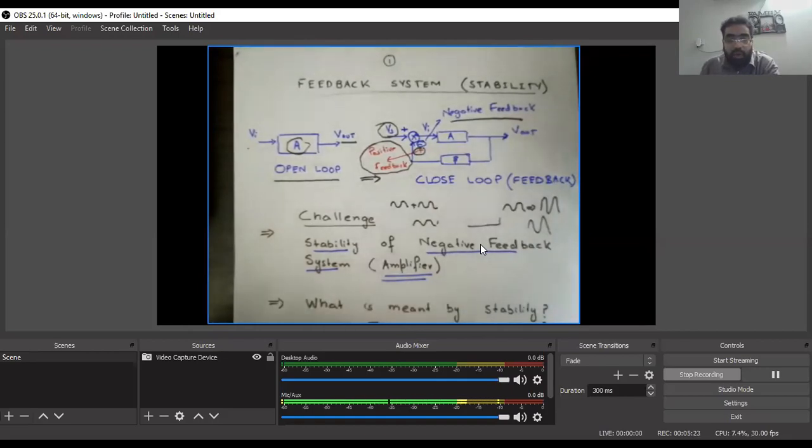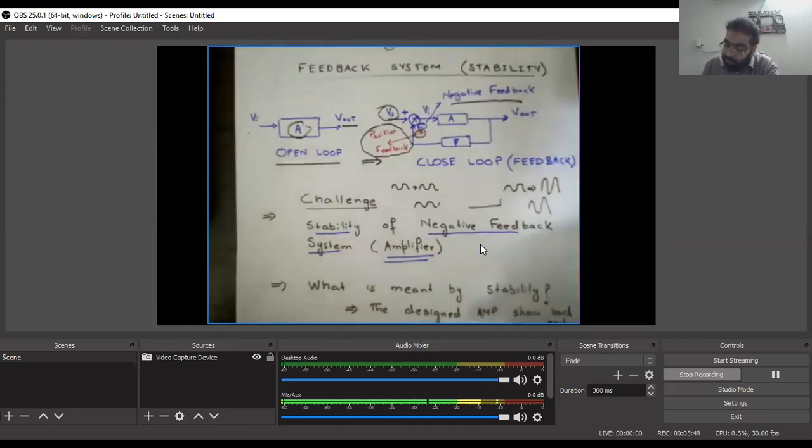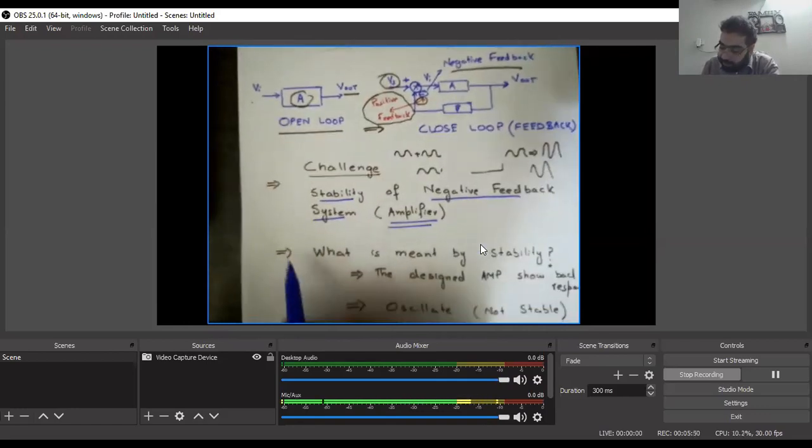They can be very small values, but if our system is not stable, this means the system is multiplying that input by an infinite gain. What will happen to our output is that even any very small noise, in the nanovolt or picovolt range, can get amplified and can saturate our system, and our amplifier is not going to work as desired. So that's why we need to understand what is meant by stability.